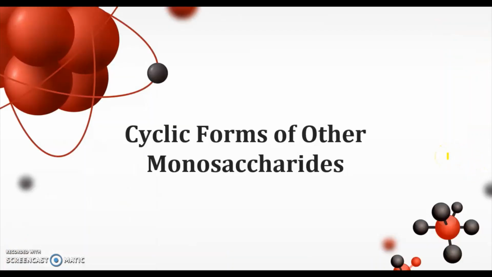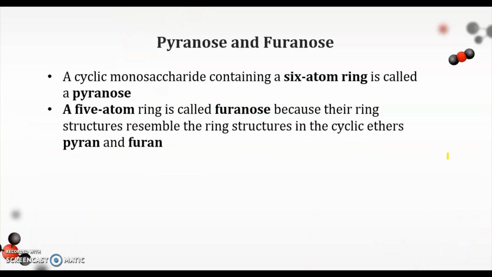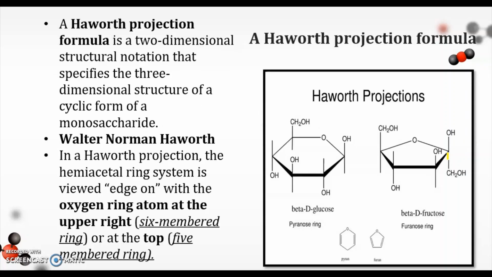Cyclic forms of other monosaccharides. A cyclic monosaccharide containing a 6-atom ring is called pyranose, whereas a 5-atom ring is called furanose. The Haworth projection formula. This is a 2-dimensional structural notation that specifies the 3-dimensional structure of a cyclic form of monosaccharide.